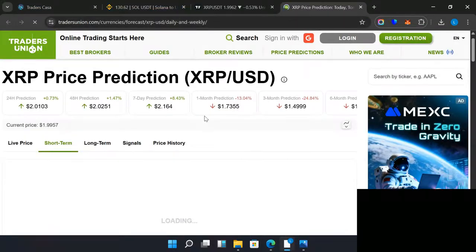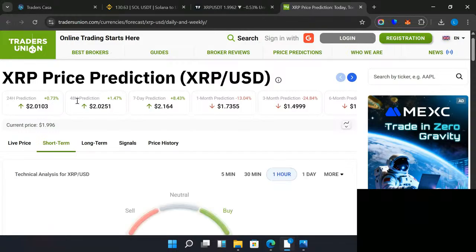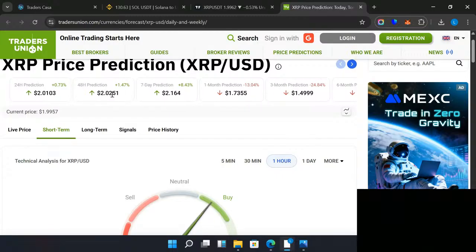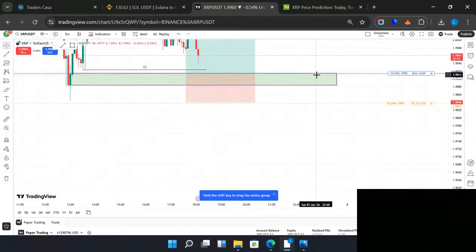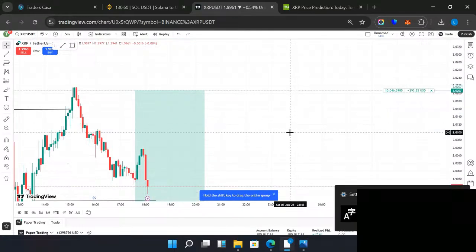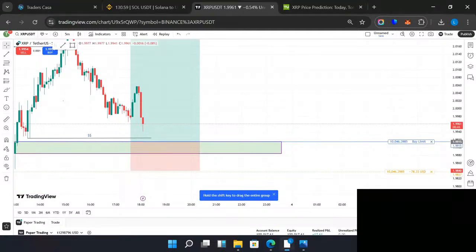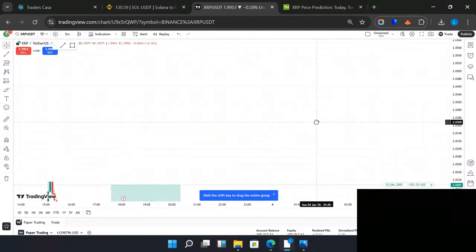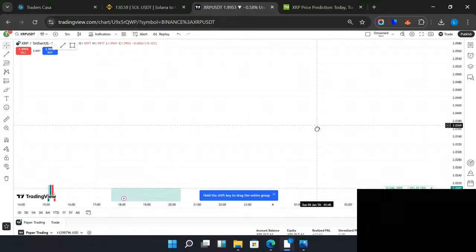See, the 48-hour prediction is this, but I think maybe right now only we'll be able to do that. If you look at this, 2.0251. Let me just show you guys what our target is, 2.0207. So yeah, we gotta wait, but most probably our target will be hit.